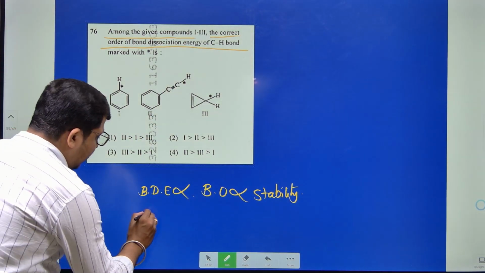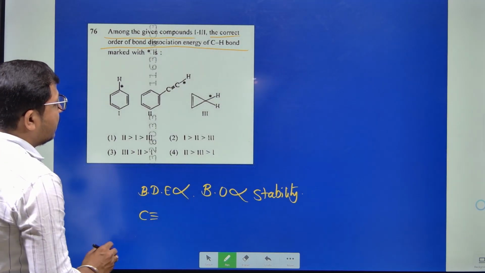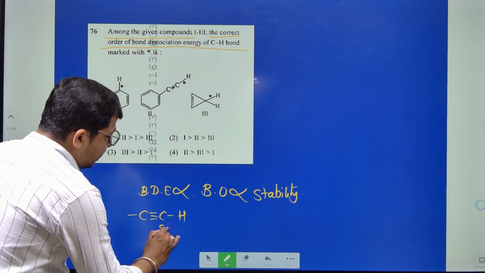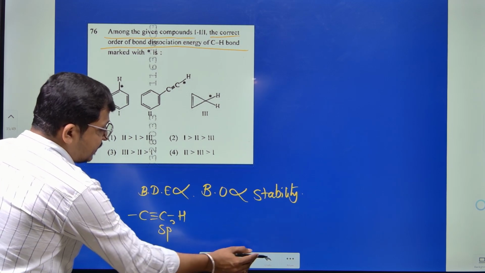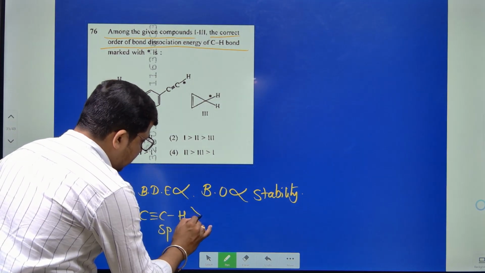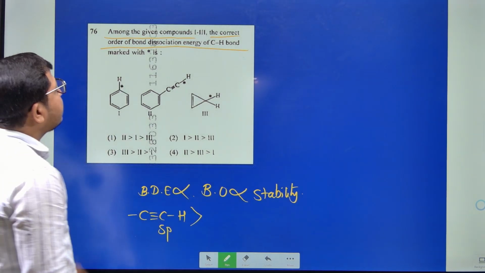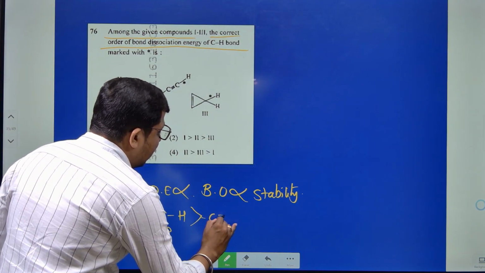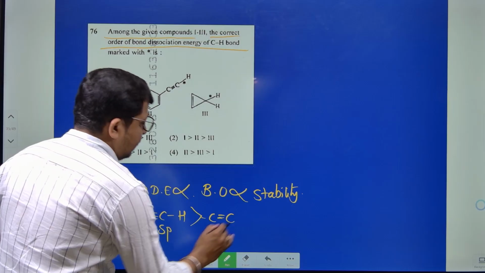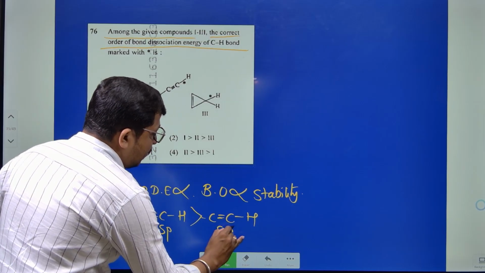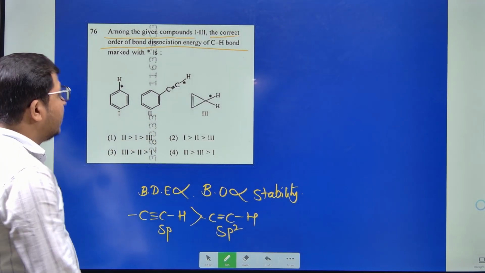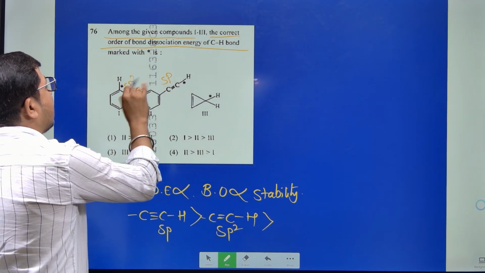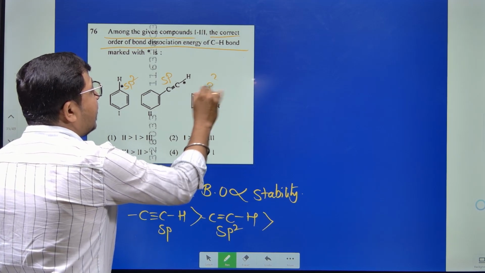Therefore, C triple bond CH, this is sp carbon, has a greater bond dissociation energy as compared to C double bond CH, this is sp2 carbon, and this is sp3 carbon.